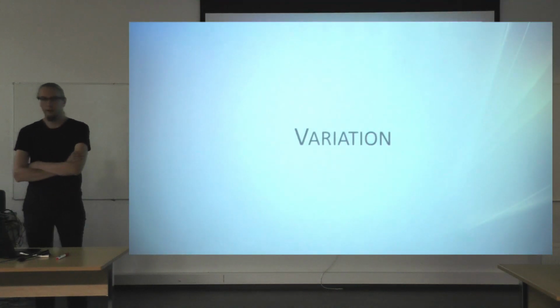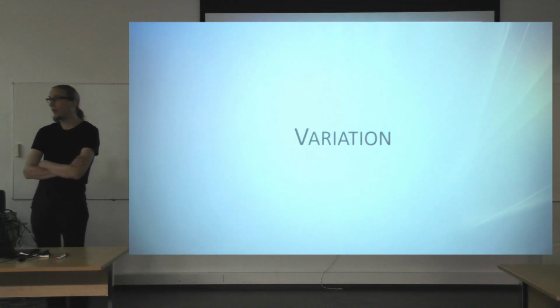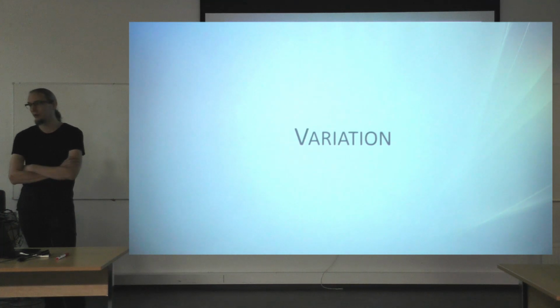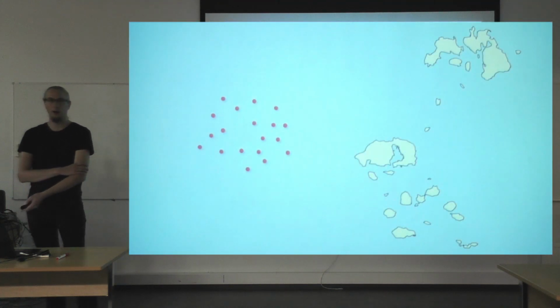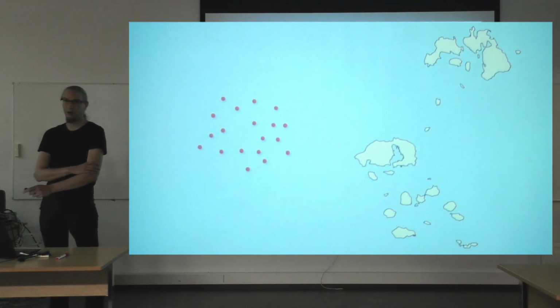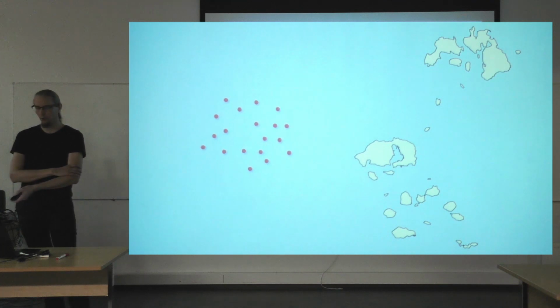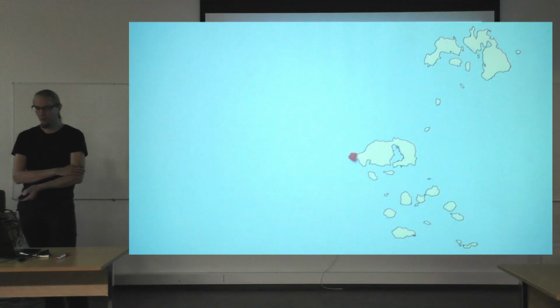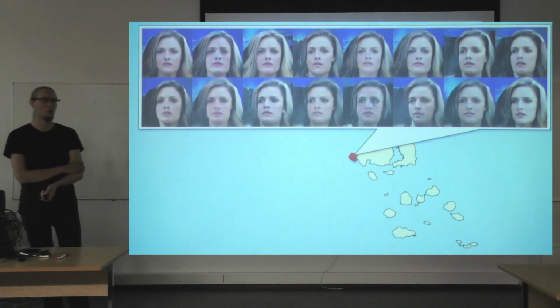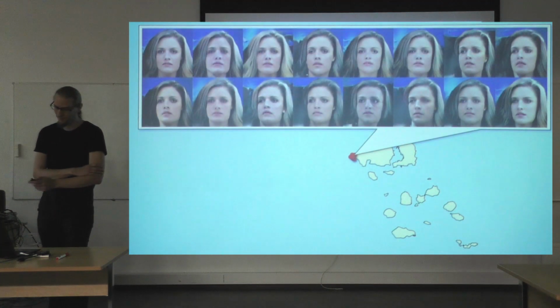There's another difficulty related to the variation of the generated images. What can often happen is that the entire distribution of images flocks toward the same nearest shore in this picture, and we have an effect called mode collapse right there.